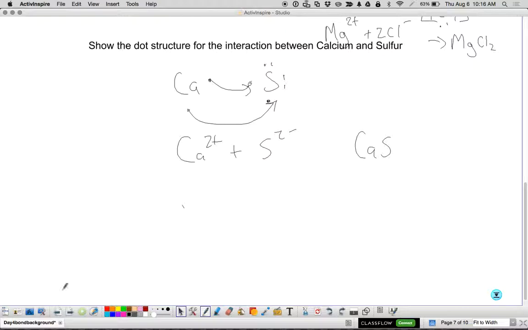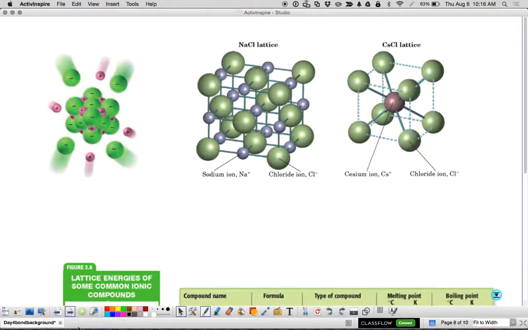All right. So because calcium has given up its electrons, ionic compounds have some pretty interesting properties. And one of them is that they form these huge three-dimensional structures called crystal lattices.